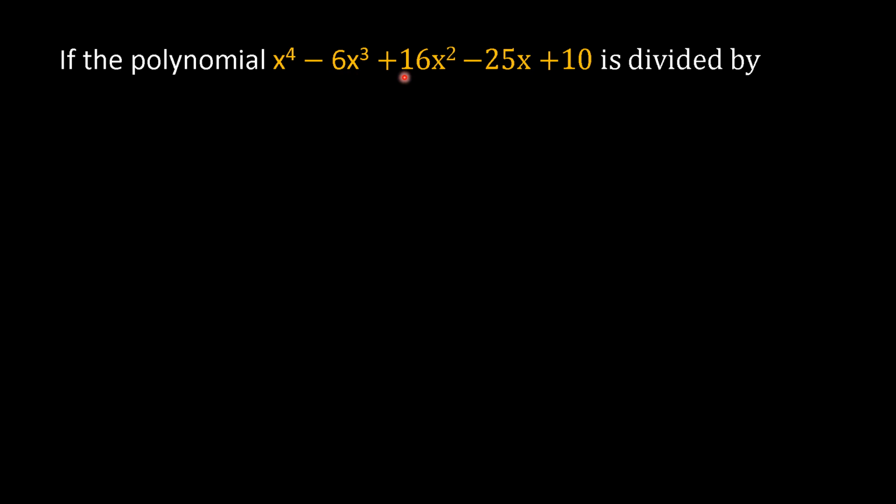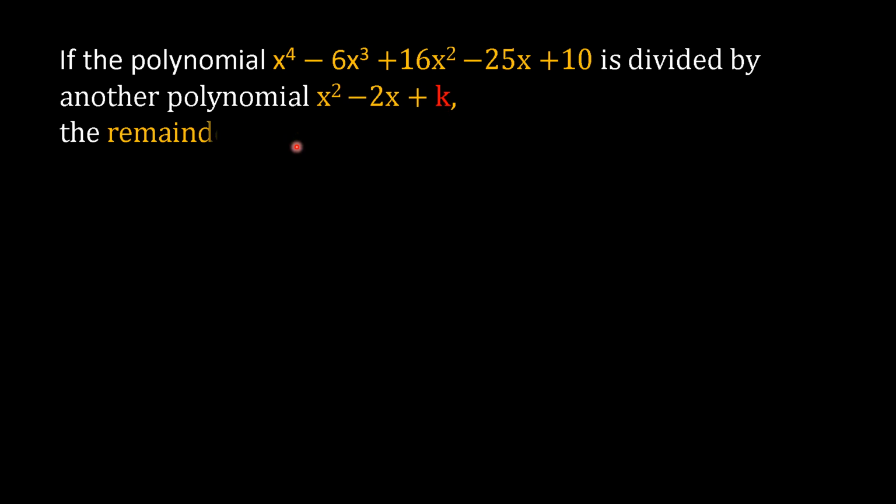If the polynomial x raised to 4 minus 6x cubed plus 16x squared minus 25x plus 10 is divided by another polynomial x squared minus 2x plus k, the remainder comes out to x plus a. We have to find k and a.